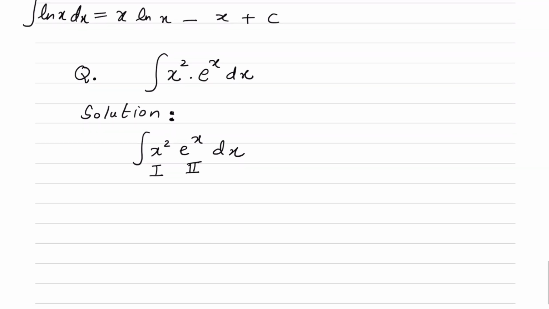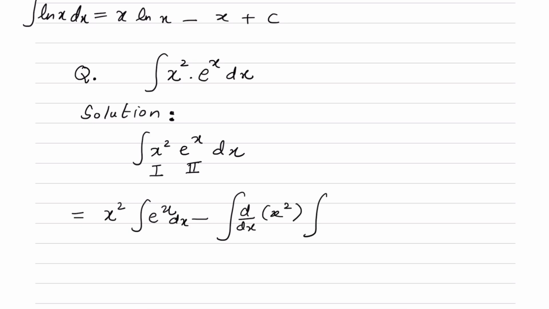And now let's apply integration by parts. First function as it is, integral of second, minus derivative of the first function, integral of second function, and integrate it once again.